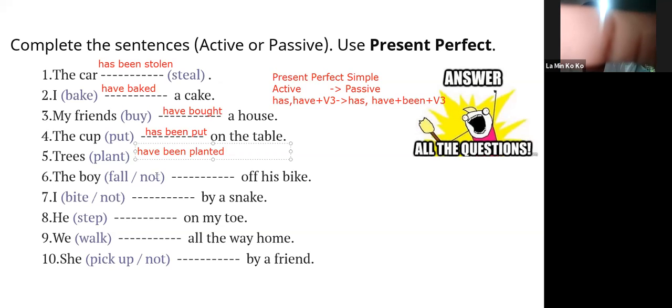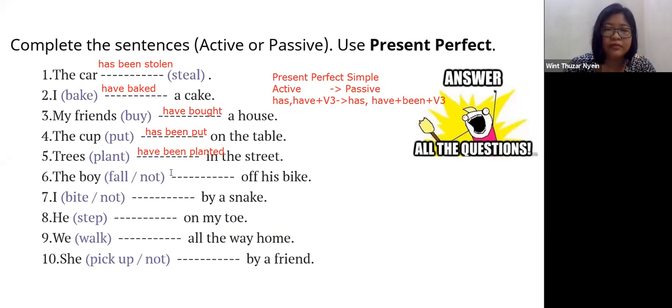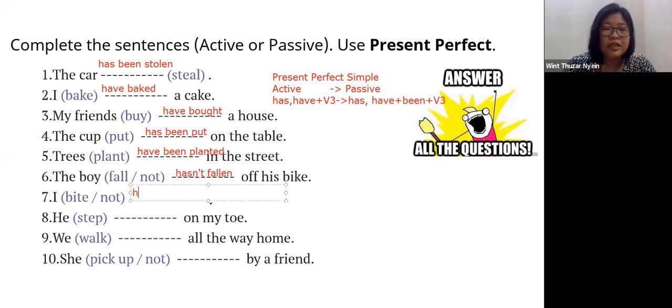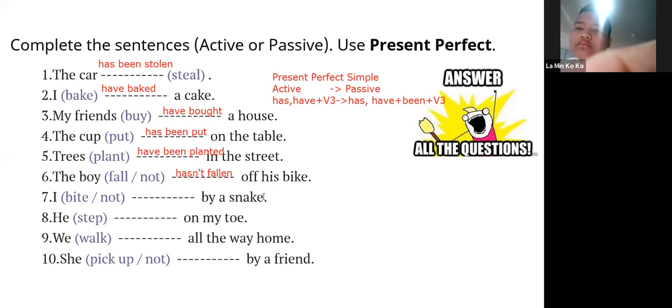Number 6, the boy. Has not, or hasn't, hasn't fallen. The past participle of fall is fallen. Then: did not buy a snake.